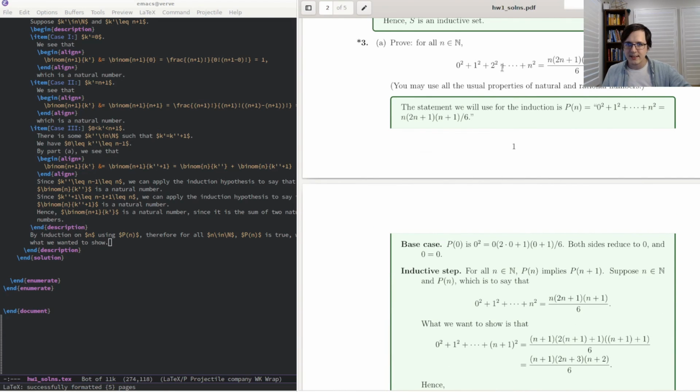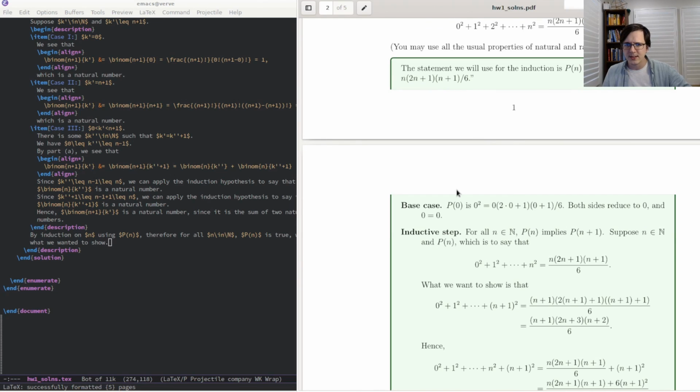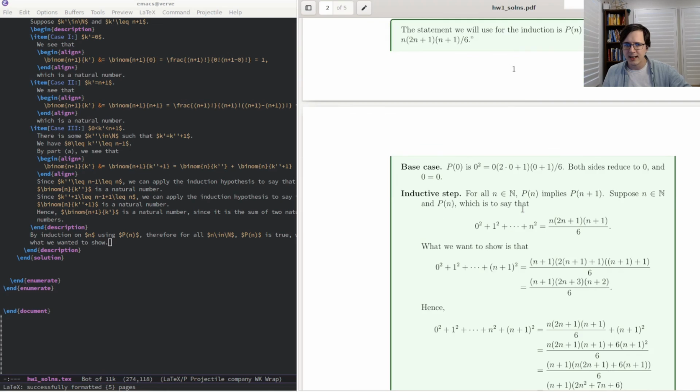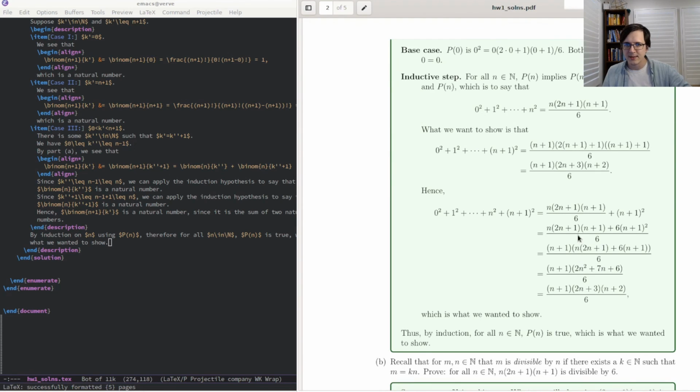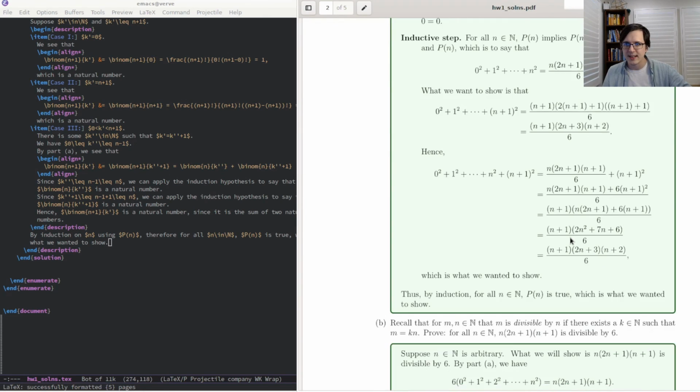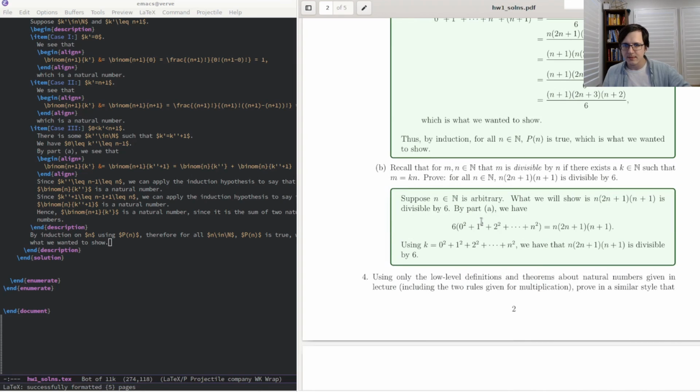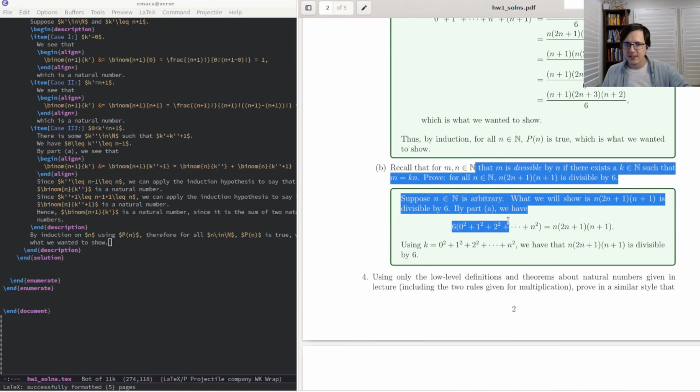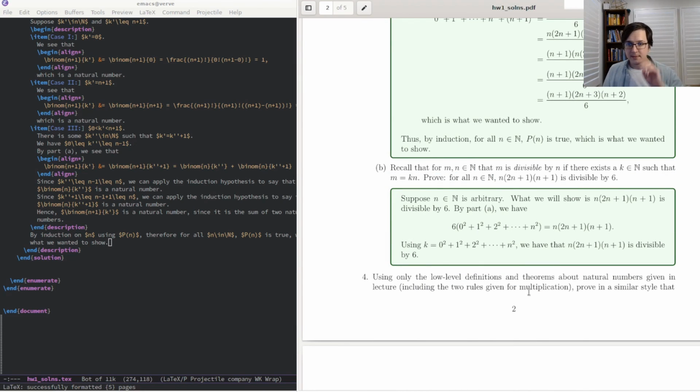Problem 3. So we wanted to show that this is true using induction. So we showed it's true for 0, and then by some algebra, we showed it's true for n plus 1 from n. Then for the divisibility problem, we just had to multiply both sides by 6, and that was the definition of divisibility.